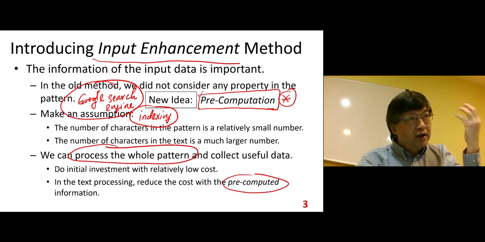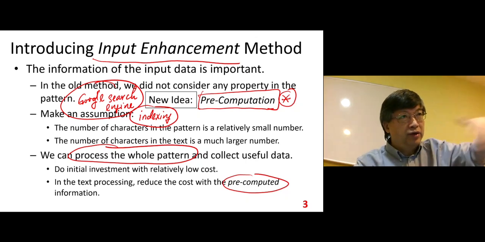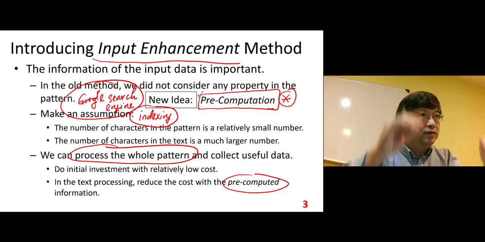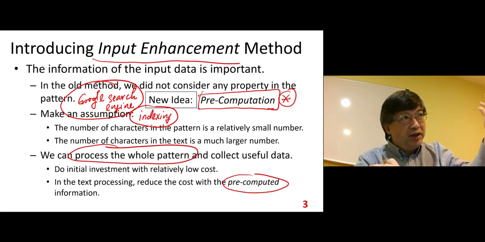They send very special small web programs to visit all the web pages in the world. They call it a spider, so crawling. They visit the pages and do the indexing.